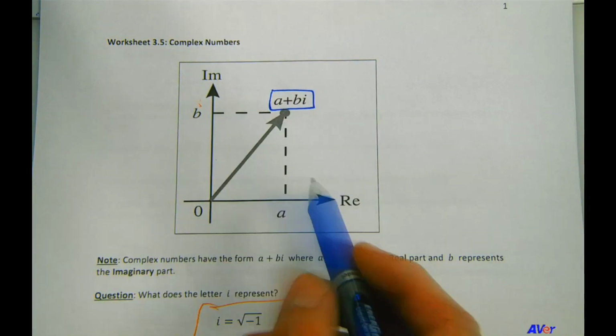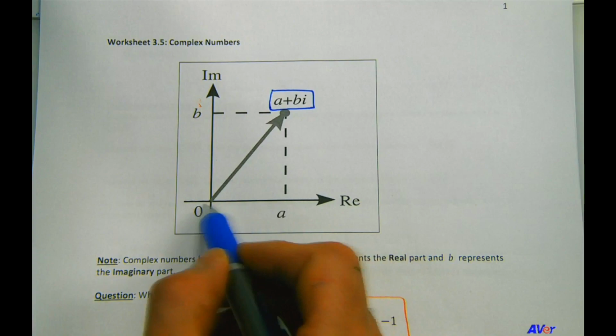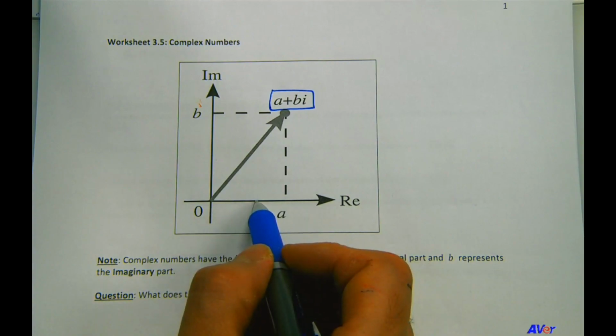On a plane, the real number is plotted against what we know as the x-axis. That is the real axis, the real number axis.